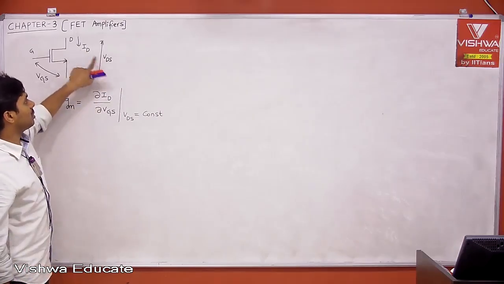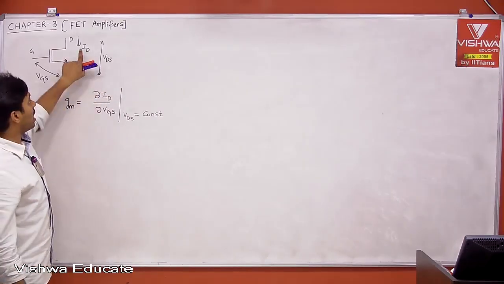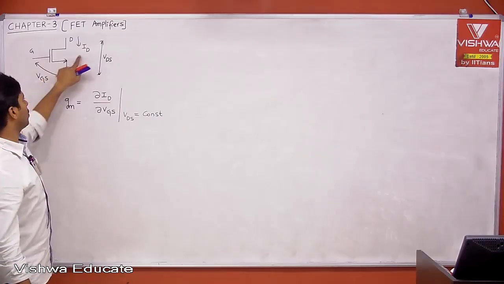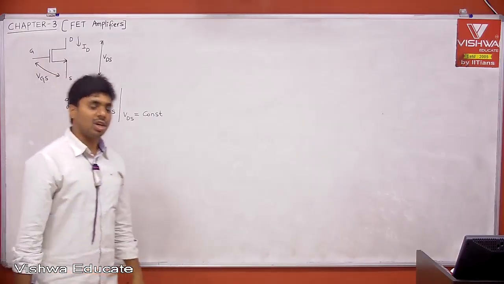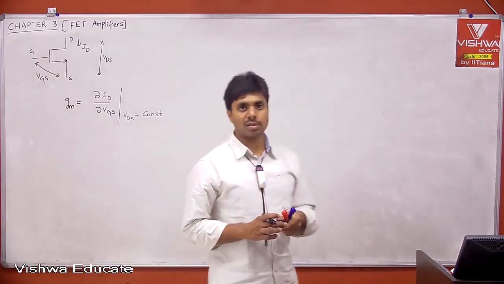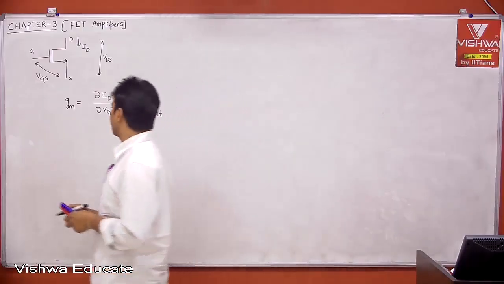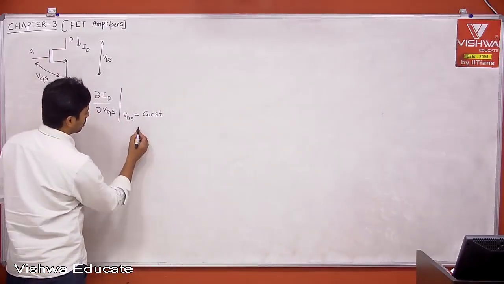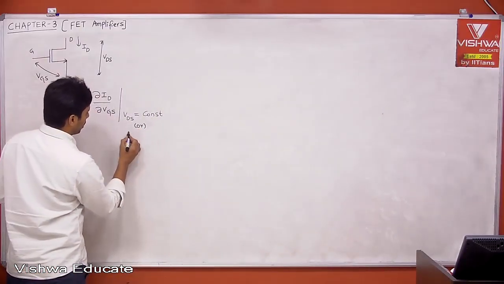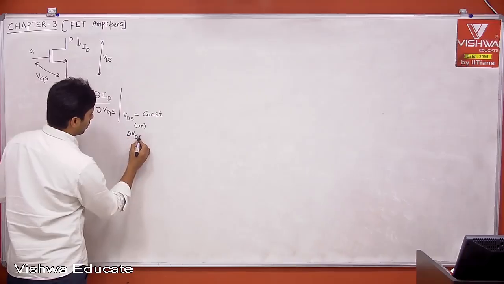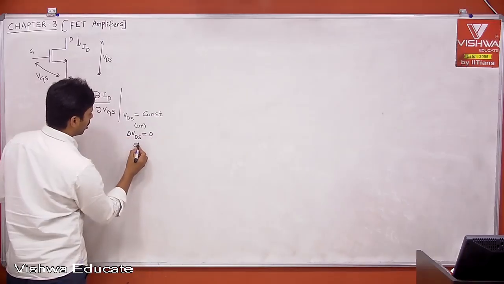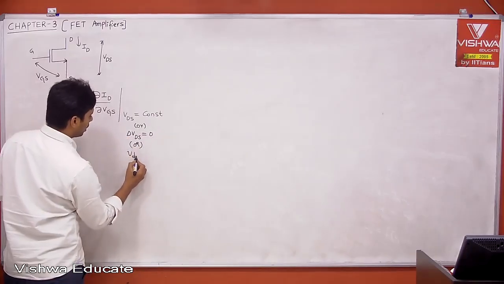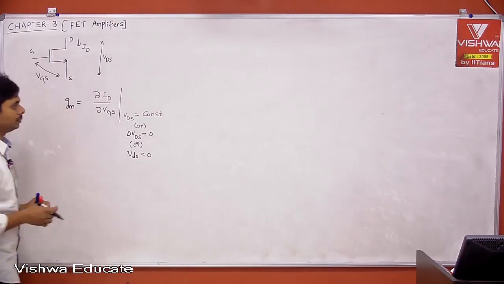Then the change in ID because of VGS is there. That is what your GM is. What is the change in ID because of VGS? That is what is your transconductance. Therefore, VDS is constant, or delta VDS is equal to 0, or small vds is equal to 0.